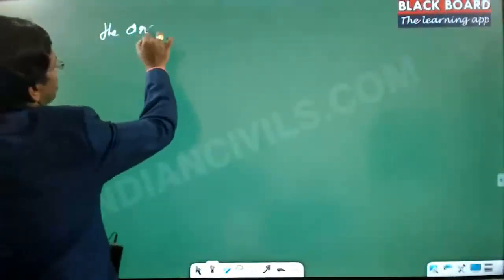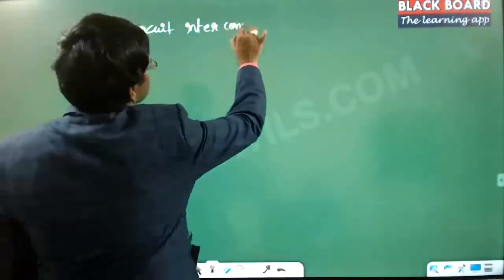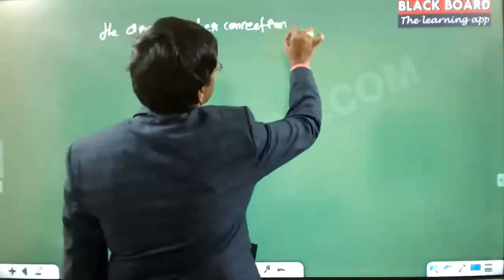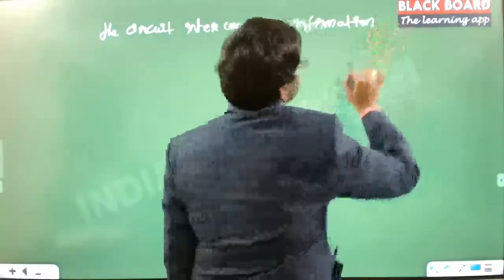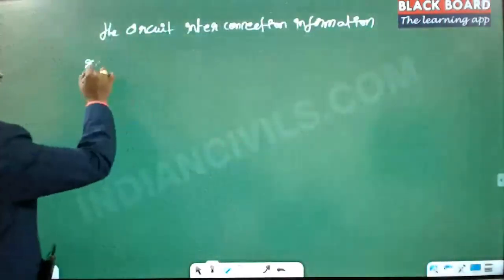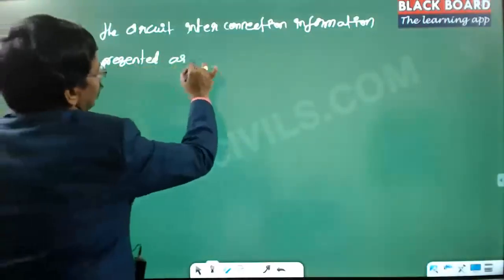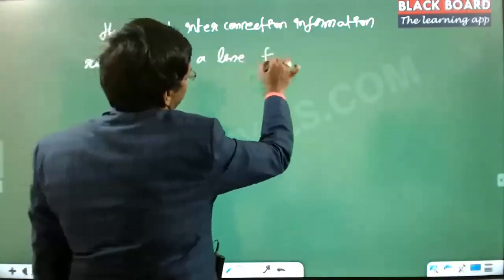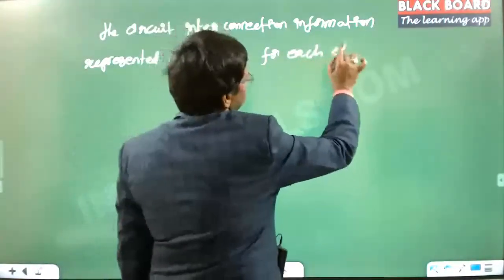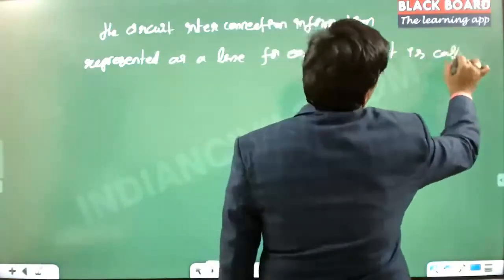That is, the circuit interconnection information represented as a line for each element is called network topology.